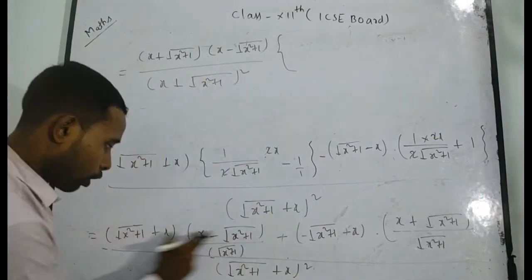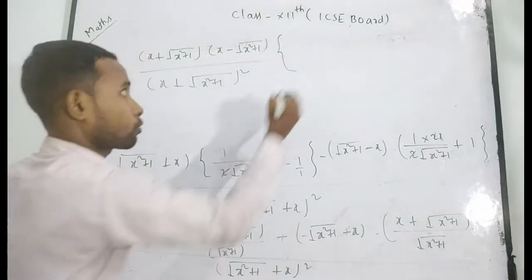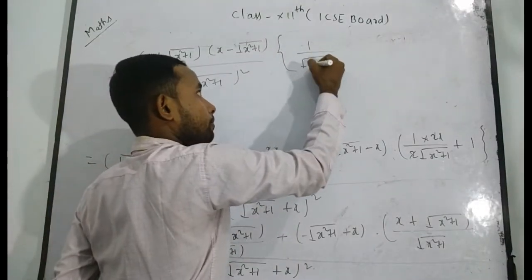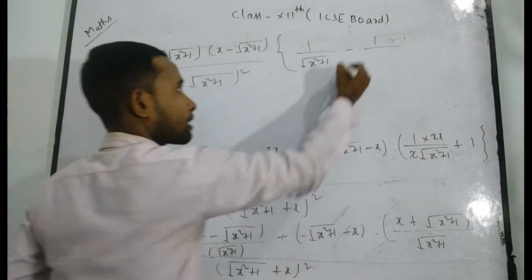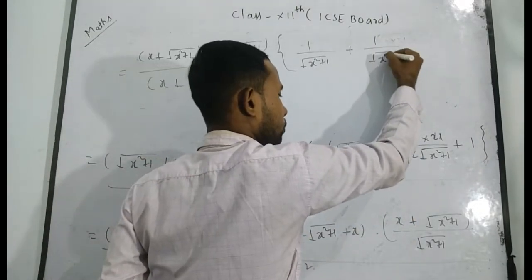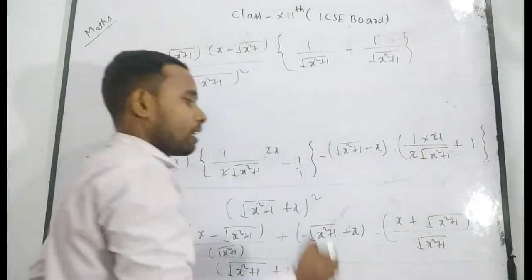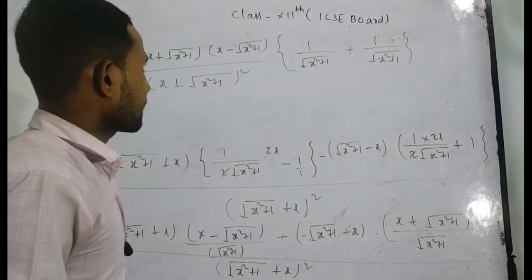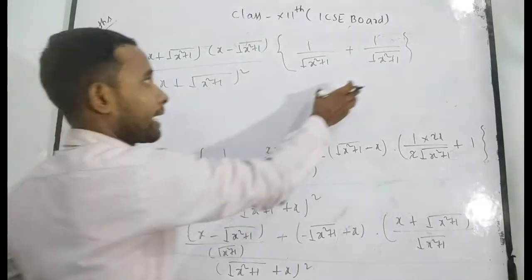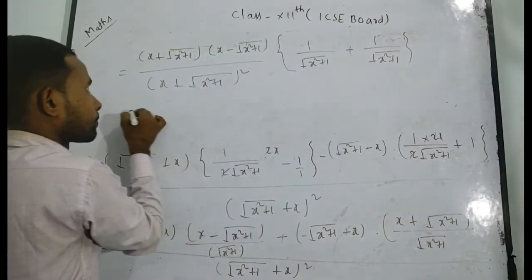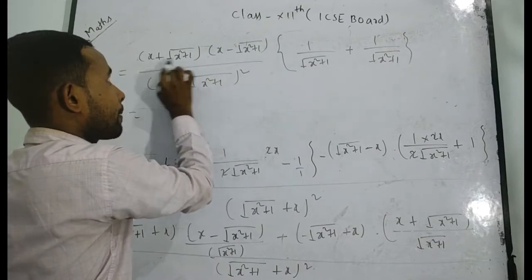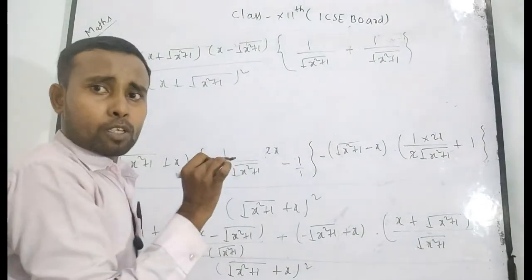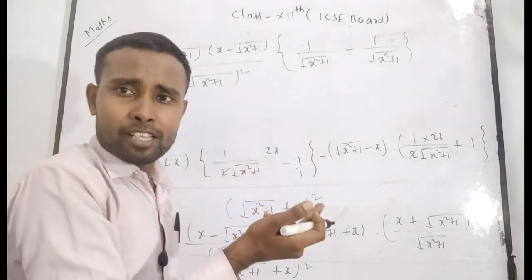After taking both terms common, you will get 1 upon root under x square plus 1 minus 1 upon, plus 1 upon root under x square plus 1 again. You will get this term only. I think you understand. Now after adding, what is the value of this term? It is in the a plus b into a minus b form. So after multiplication it will be a square minus b square.